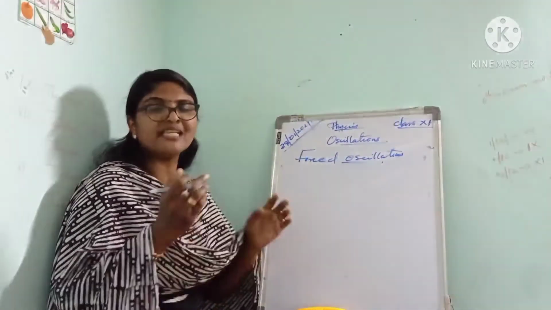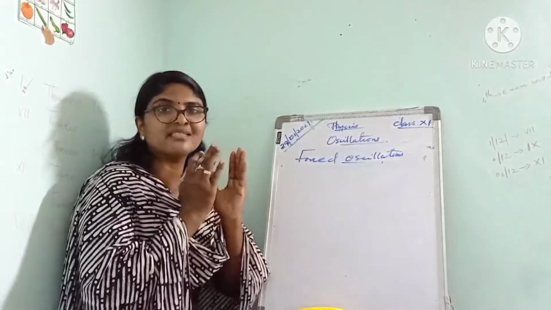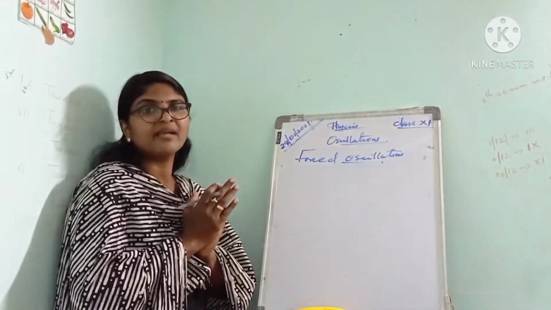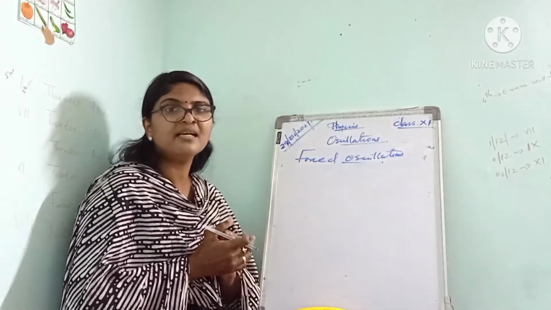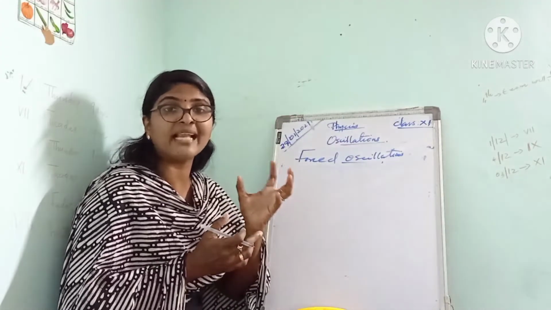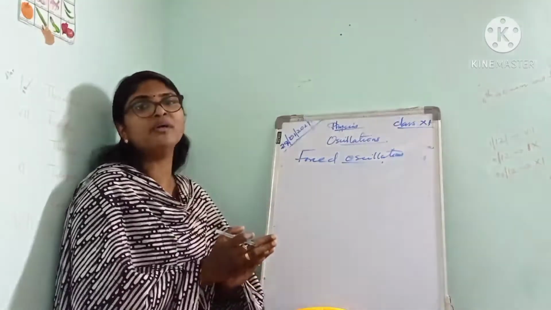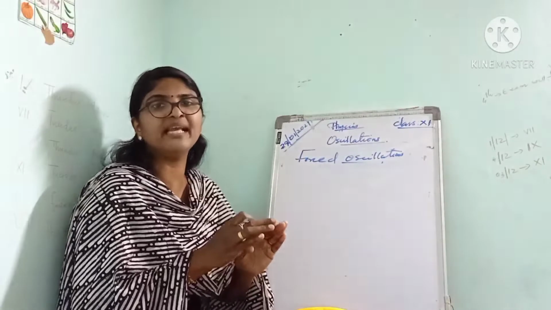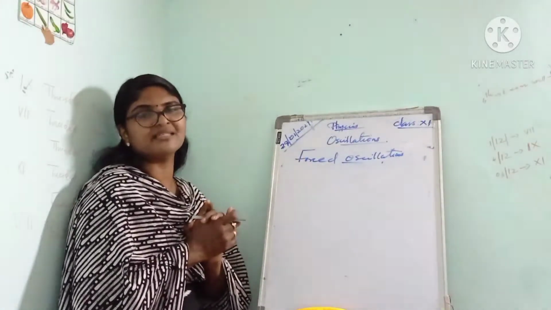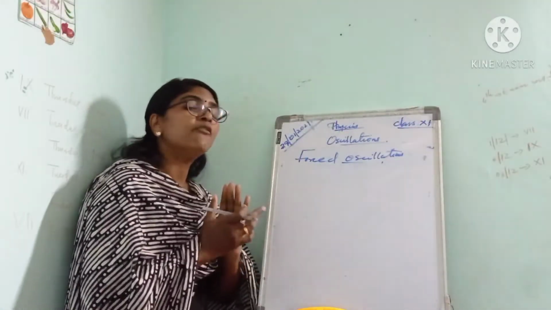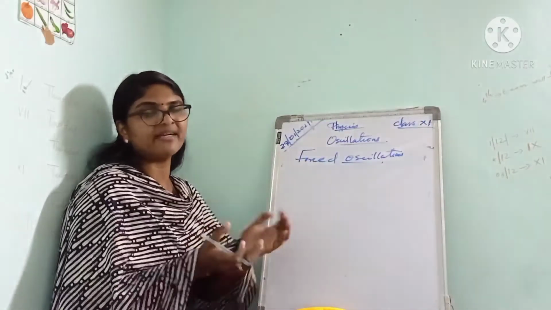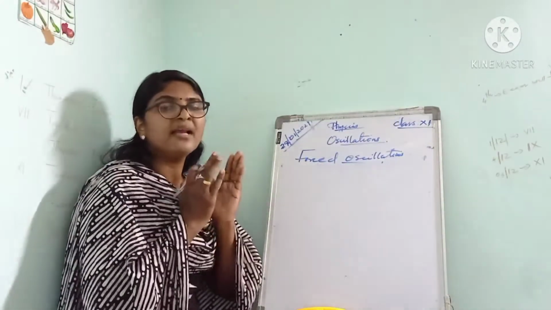So for oscillations under the influence of an external periodic force, the vibrating particle does not vibrate with its own natural frequency, but with the frequency of the external periodic force. Such oscillations are called forced oscillations. What is meant by forced oscillations?